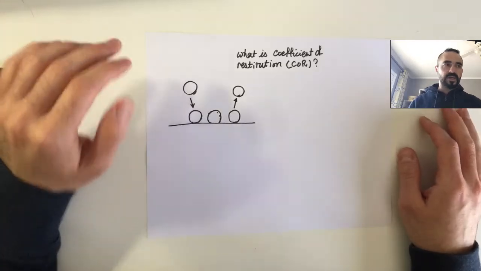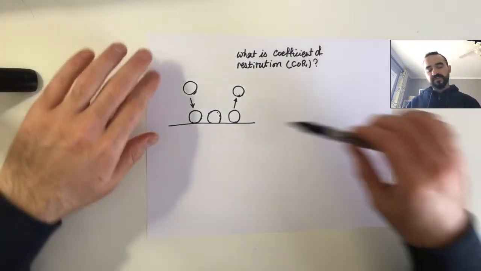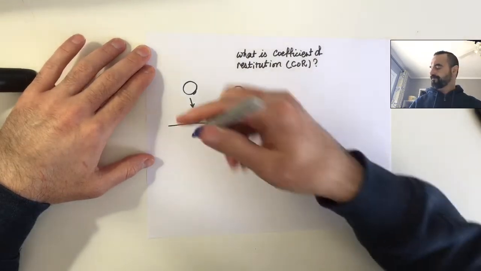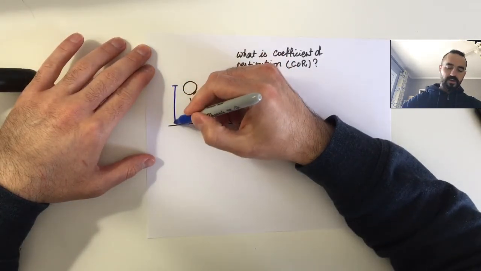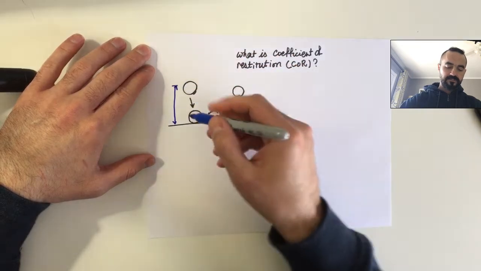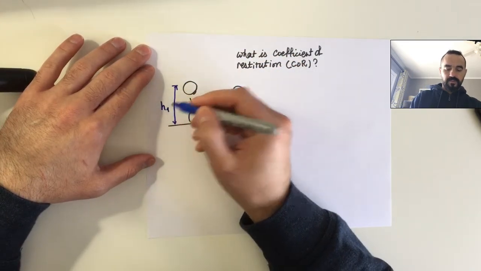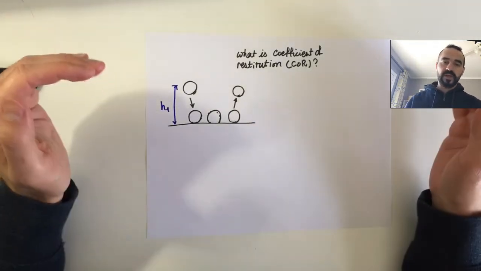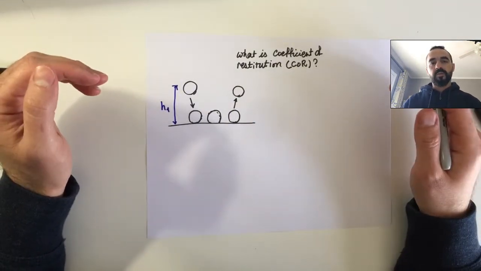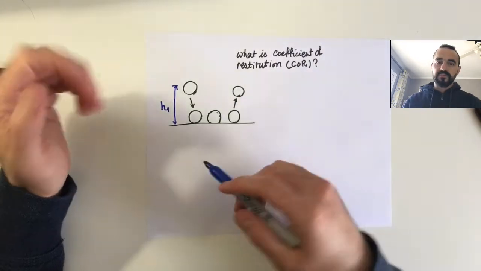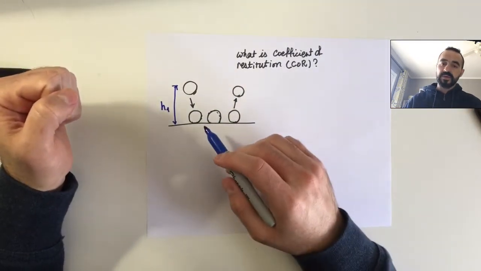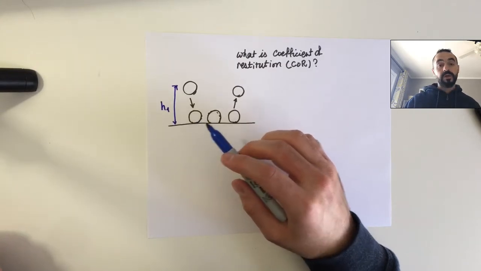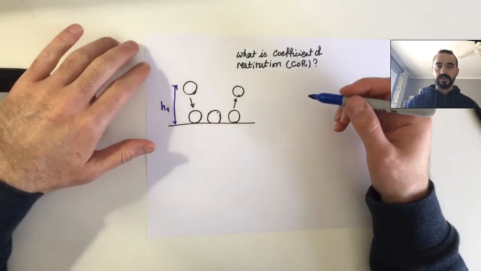Now let's say we drop the ball from a certain height, and let's show this height with h1. We know from other lectures that we can apply the principle of conservation of energy and determine the speed or the velocity of the ball when it hits the surface, right?